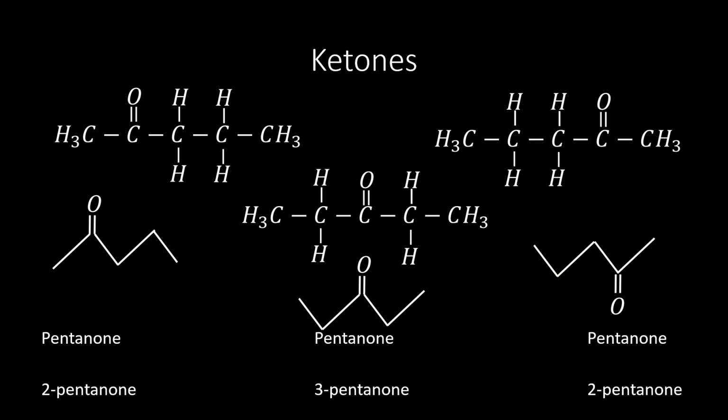And then we could continue on for molecules with 6 carbons, which would be hexanal, hexanone, hexanoic acid. 7-carbon molecules would be heptanal, heptanone, heptanoic acid. 8-carbon molecules would be octanal, octanone, or octanoic acid. 9-carbon molecules, the root word being nonane, we would have nonanal, nonanone, or nonanoic acid.